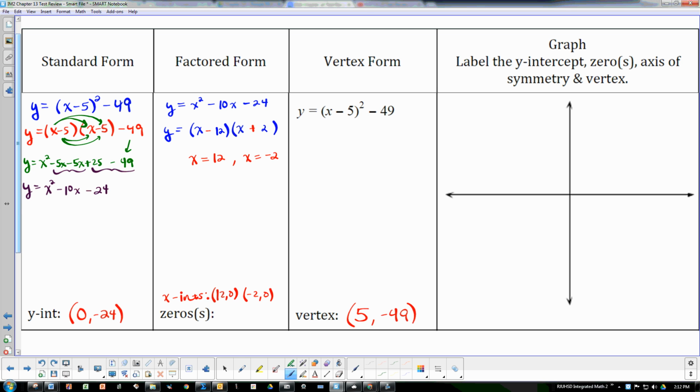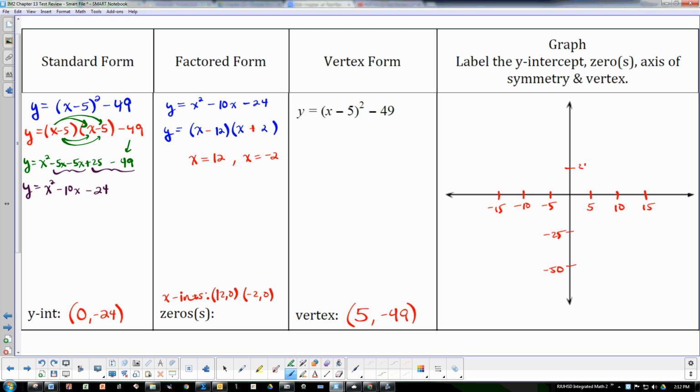So 5, negative 49. Now it's just a rough sketch. So we're going to go out to 5 here. Let's say this is 5, 10, and 15. Negative 5, negative 10, negative 15. And let's come down. Let's say this is negative 25. And how about negative 50?